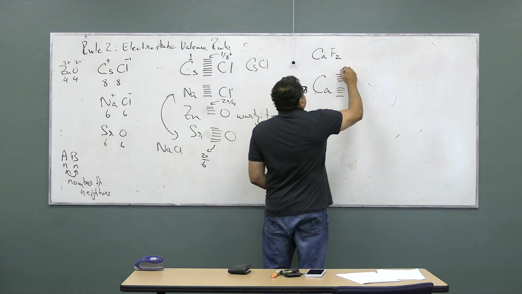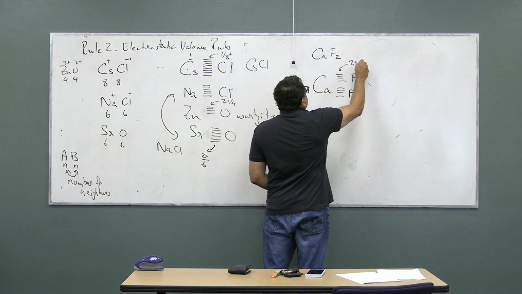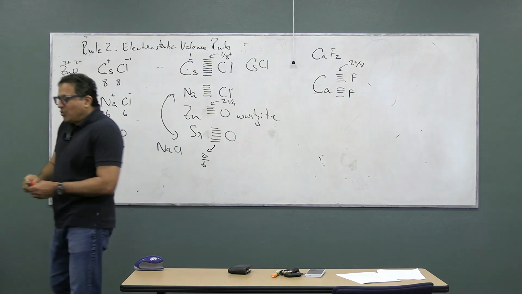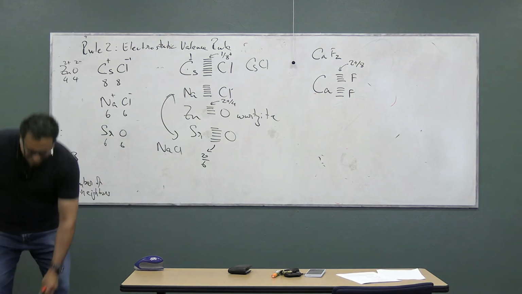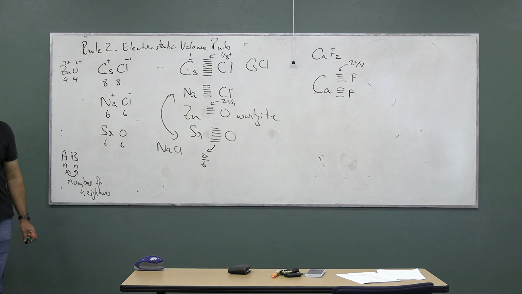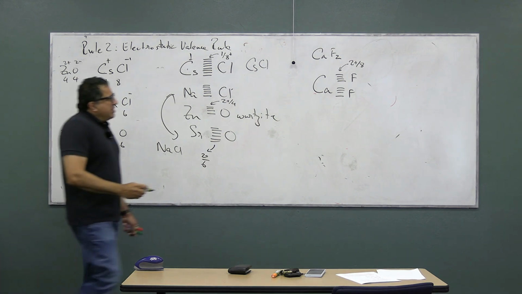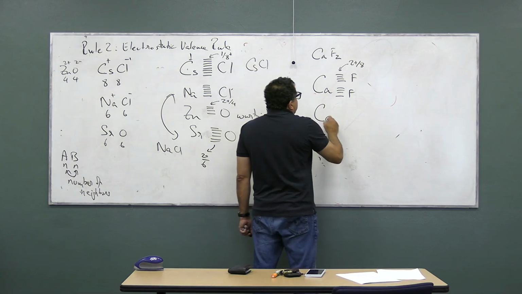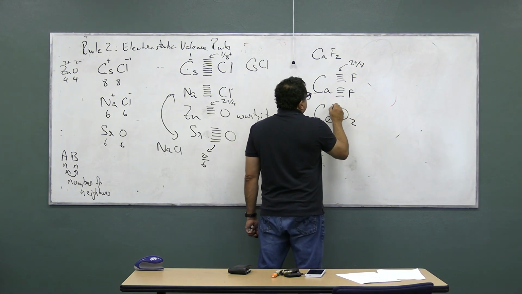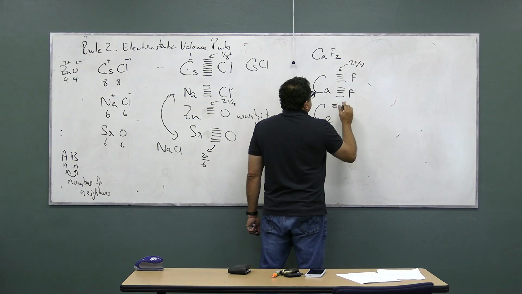Each calcium is 8 coordinate in fluorine, and each fluorine is 4 coordinate with calcium. Right? It actually determines the structure type. And you know what else takes on the structure? Ceria. It's a very important compound. Ceria also does this. So ceria looks like this.